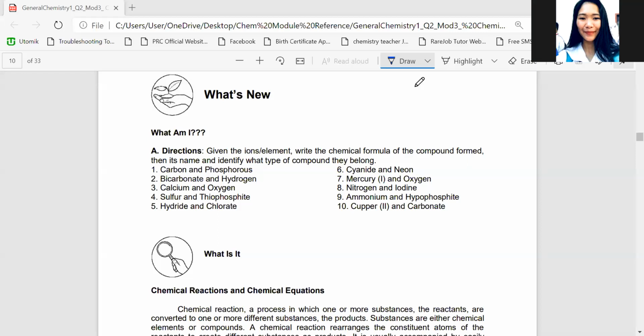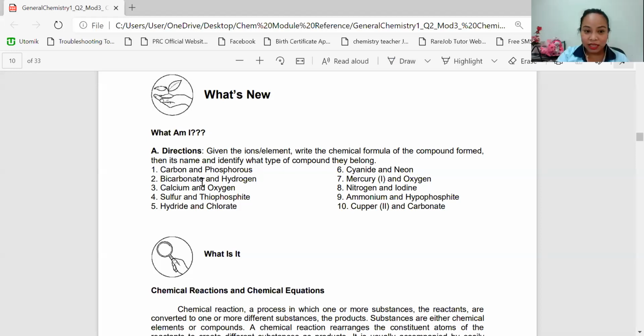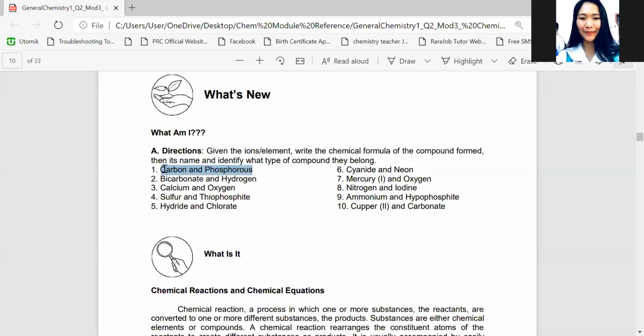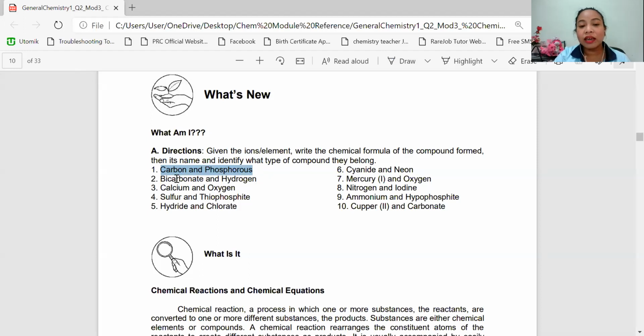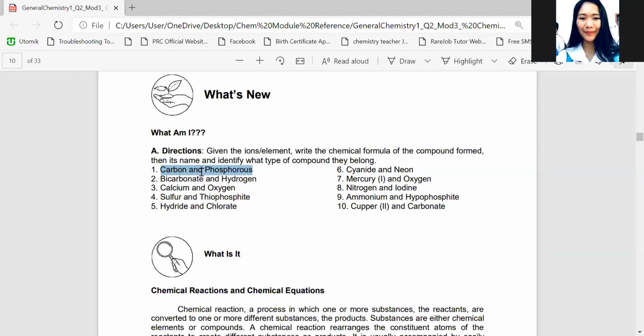So, last time, I let you answer this. We have carbon and phosphorus, so they will form tricarbon tetraphosphide. And this one, the first one, is a binary salt of both non-metals.